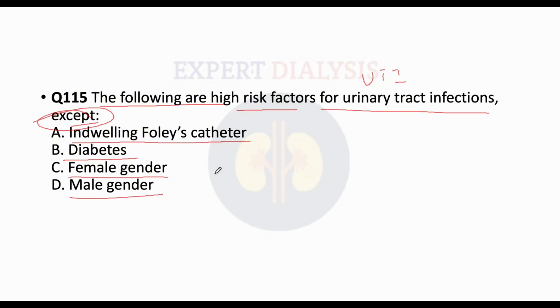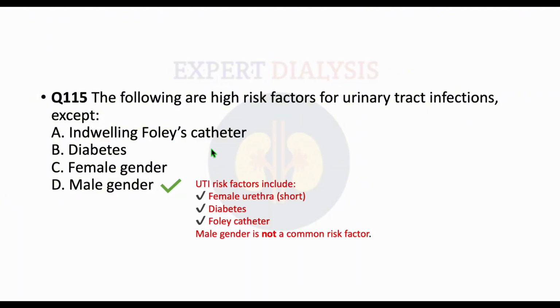So UTI is very uncommon, usually complicated UTI is only found in male gender. So the right answer here will be male gender. However, indwelling Foley catheter is a very common cause of the UTI. Same is with the diabetes, and female gender is most prone to UTI. So the right answer will be male gender.